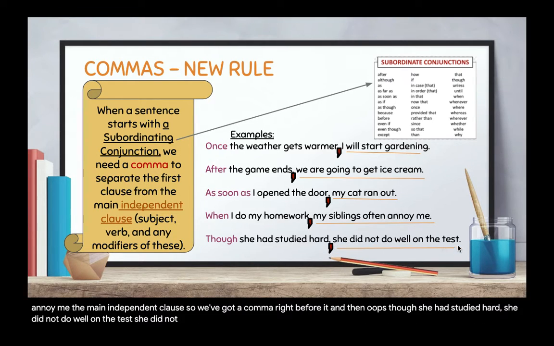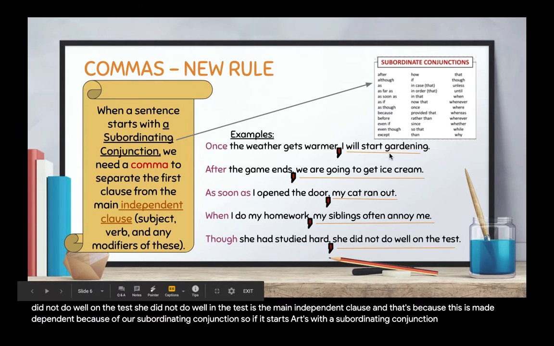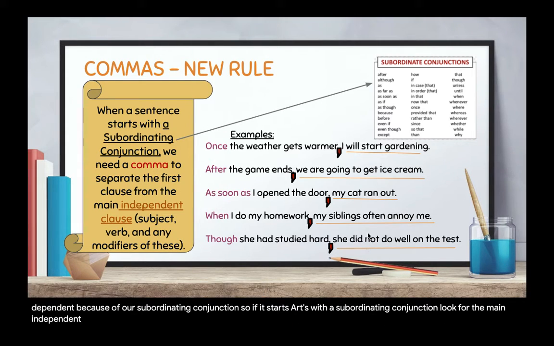She did not do well on the test is the main independent clause, and that's because this is made dependent because of our subordinating conjunction. So if it starts with a subordinating conjunction, look for the main independent clause, and then the comma goes right before it to separate that subordinating conjunction and the words that go with it from the main clause.